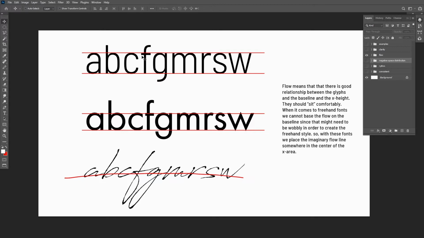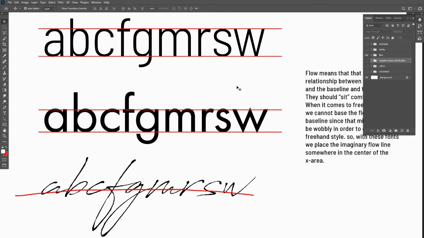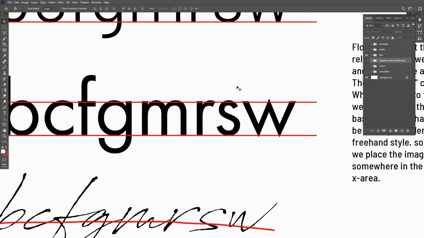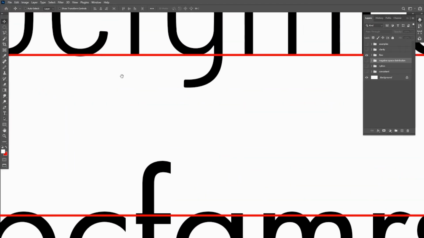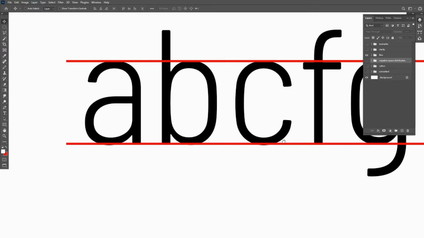Usually that is accomplished by the baseline, which is right here, and then the x height, and then also there would be a top line, which I'm not showing here right now. And we would try to find fonts that sit nicely, in a good, strong way on that baseline.